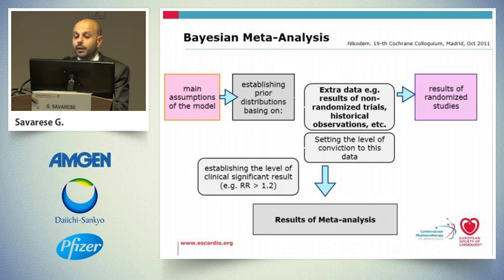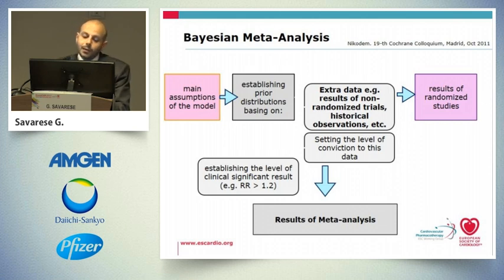For example, we can include in our estimation also, I don't know, historical observations, or if we are doing a meta-analysis of randomized clinical trials and we are following a Bayesian approach, we could decide also to include information coming from observational studies without really including the observational study in the meta-analysis.